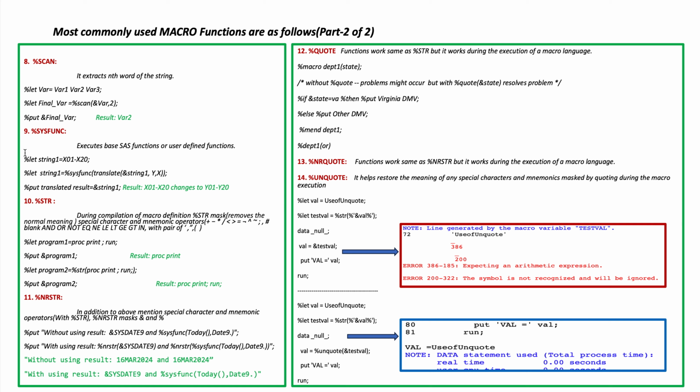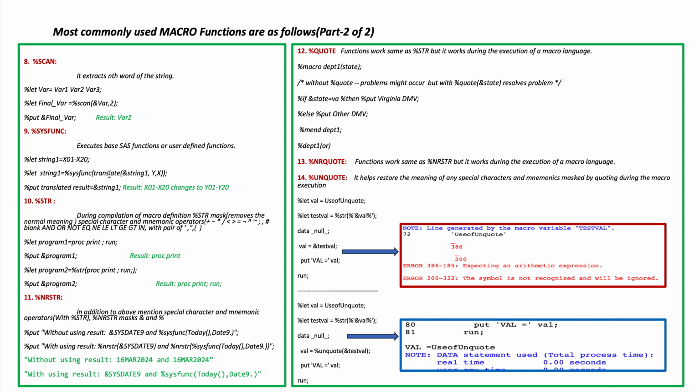Number 9, %SYSFUNC. %SYSFUNC executes base SAS functions or user-defined functions. Suppose we have a macro variable string1 and its value is x01-x20, and we are going to change x to y.